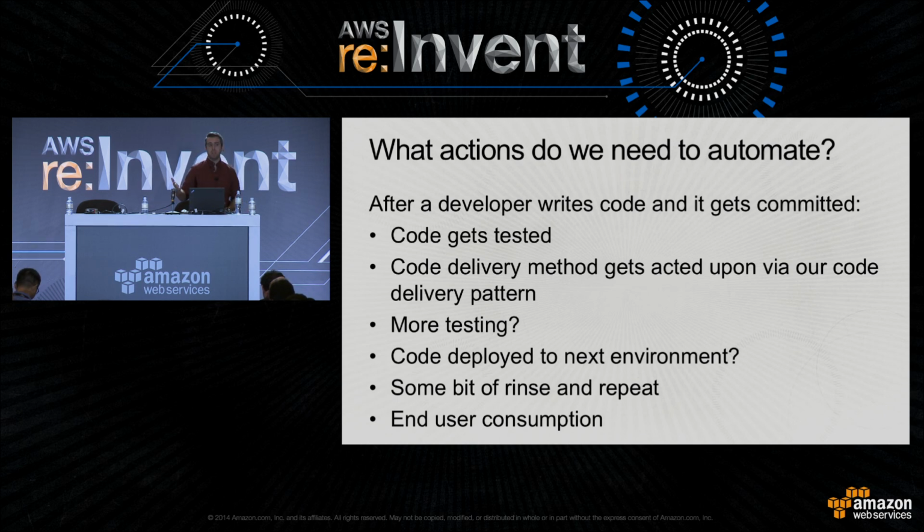Potentially more testing, if we're pushing to QA or staging or what have you. And then we would want our code eventually deployed to some next environment, whether it is part of a continuous deployment workflow, where it just happens, or whether there's human interaction needed to move that code to the next place. Some potential rinse and repeat as you go through the environments or the different stages of testing that you might need to do, and then eventually getting that out there for end user consumption.